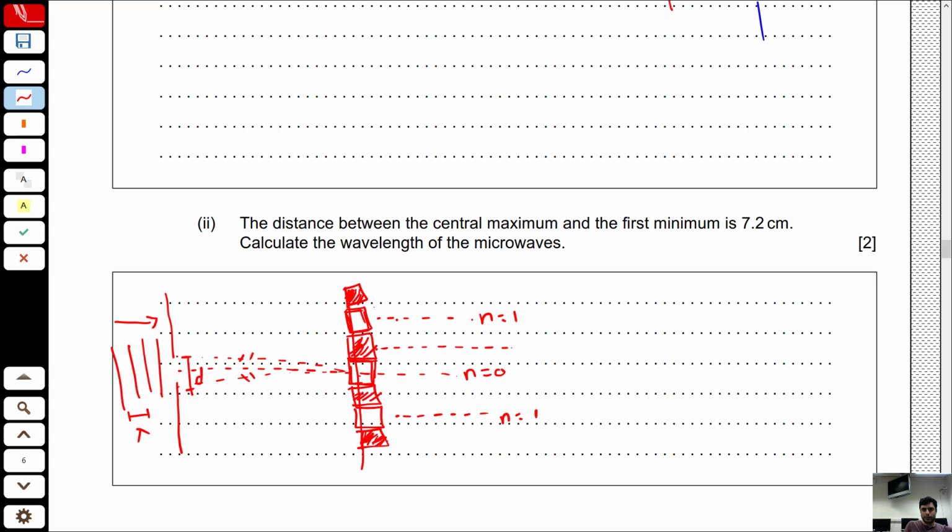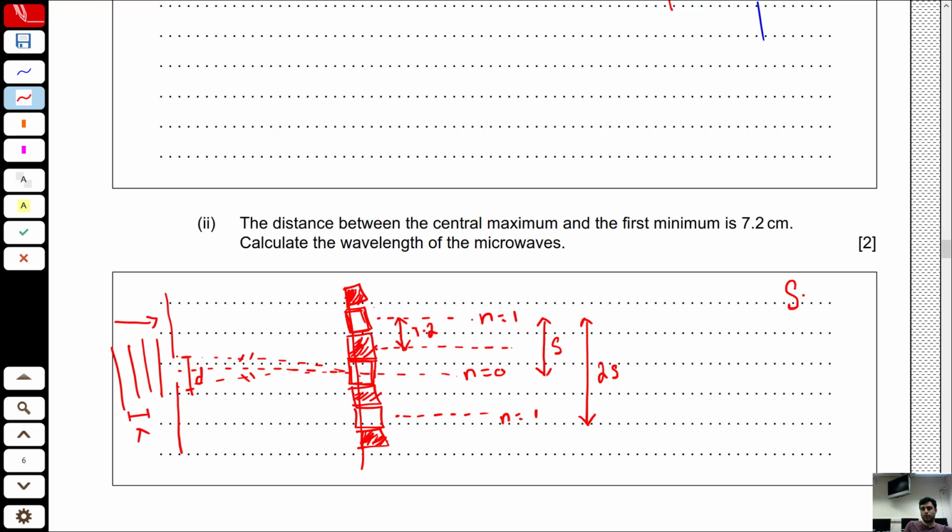So the distance between the first maxima and the minimum, this distance, is 7.2. And also remember, half the width of the central maxima: the distance between this n1 and this n1 is called 2s, but half the width of the central maxima is just s.